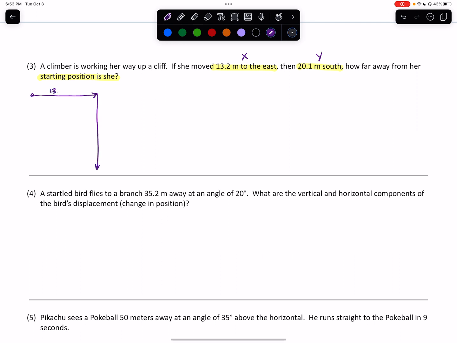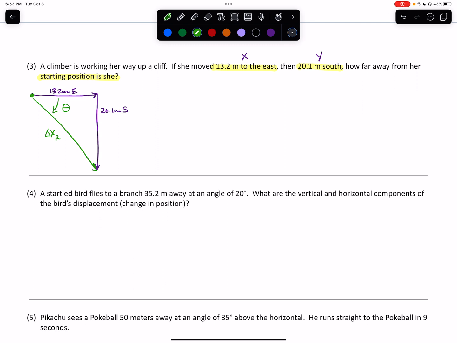And then our resultant will connect our origin to our final vector. So these are meter values. This is our displacement, and this will be our resultant for that displacement. Our initial vector is the east one, which makes this our theta angle.